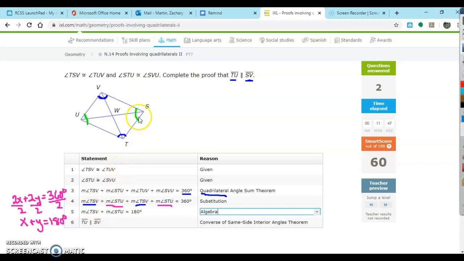If on the same side, interior of this quadrilateral, they add up to 180 degrees, then these lines TU and SV must be parallel.